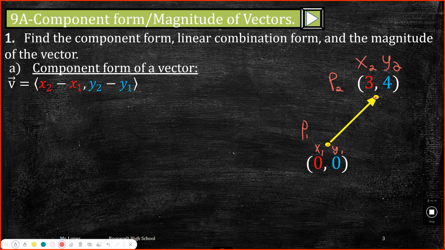Basically, subtract the x values, which is how much you moved in the x, and how much you moved in the y would be the other one.